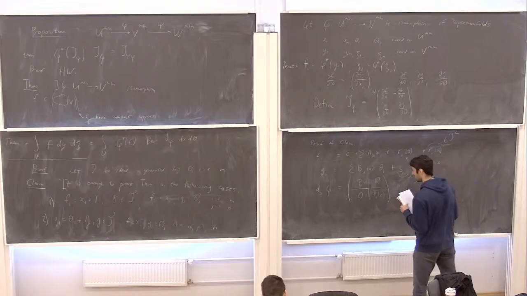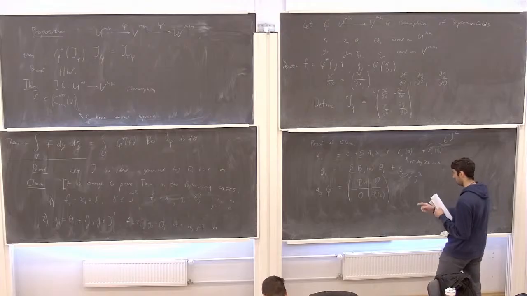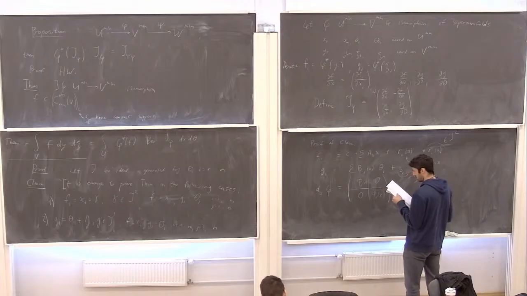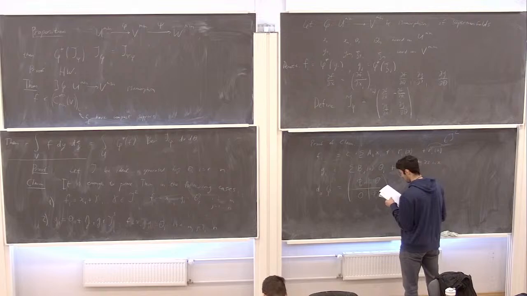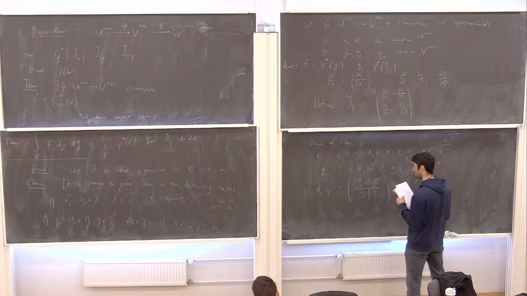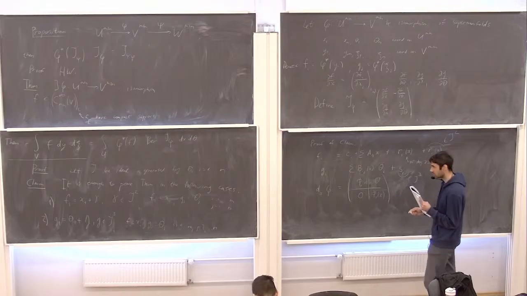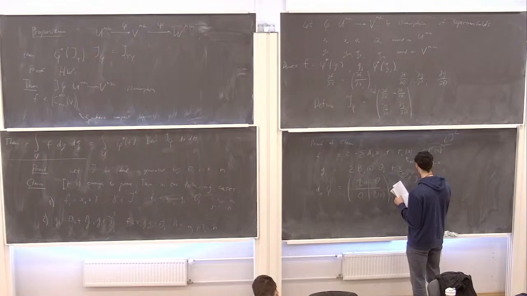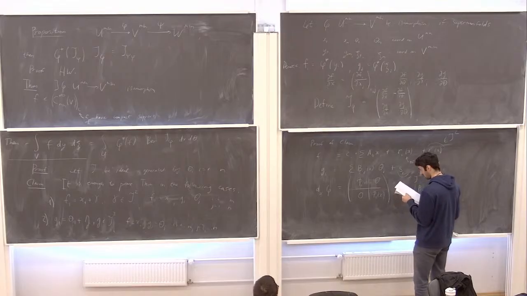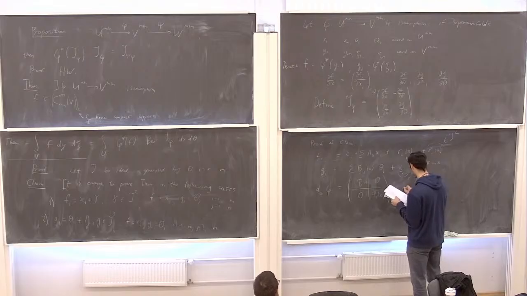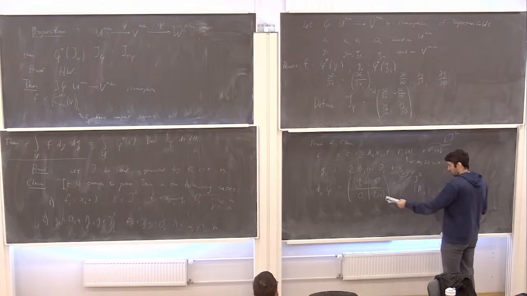So these two blocks are invertible. Again, I refer to the previous lecture. So this matrix B_ij, let me call it B. Well, I already called it somehow.